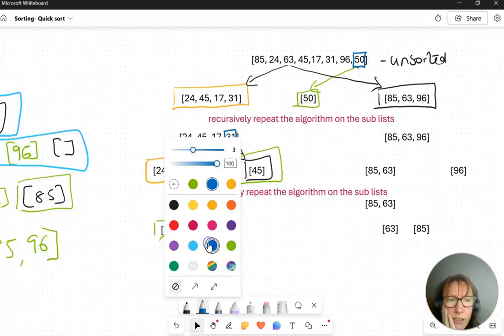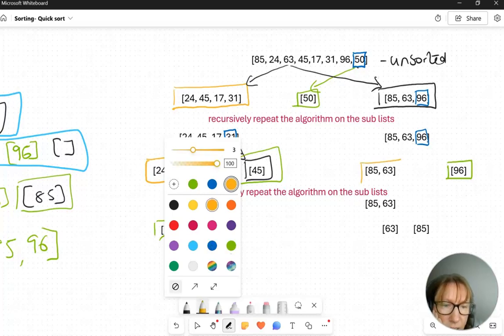So let's go again. We take our, on this side, 96 becomes, we do it down here, 96 becomes our pivot value. So 96 is out here. Our less than values are here, and we don't have any greater than values, so we don't have to worry about that. This is now sorted, and this is the next list that has to be recursively acted on in the same way. So in other words, we now take 63.